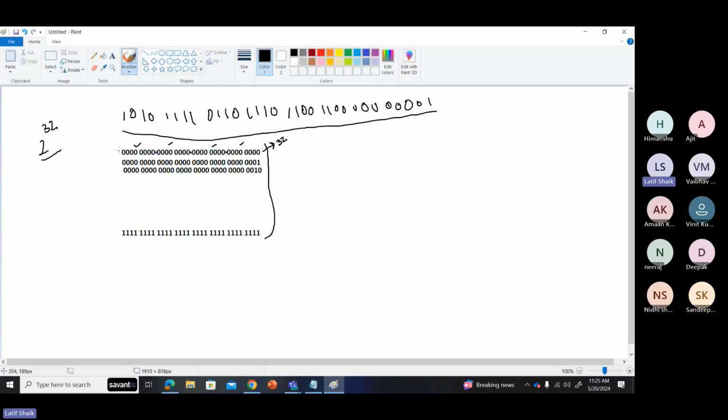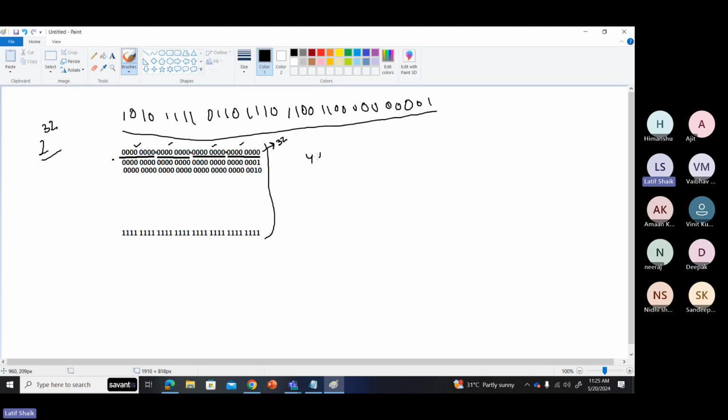Each part has 8 bits. This is one 8 bit, this is another 8 bit, another, and another. Totally 8 bit, 8 bit, 8 bit, 8 bit.